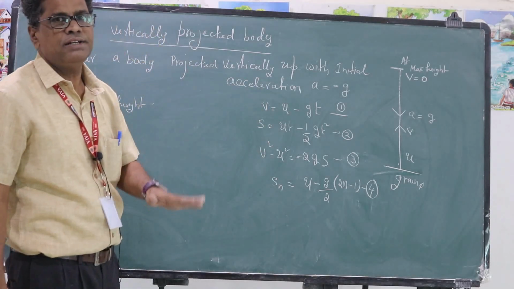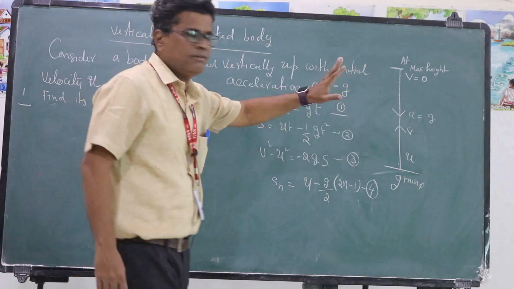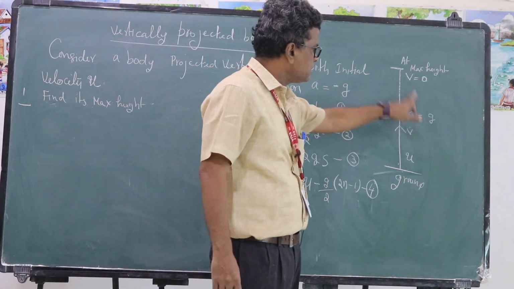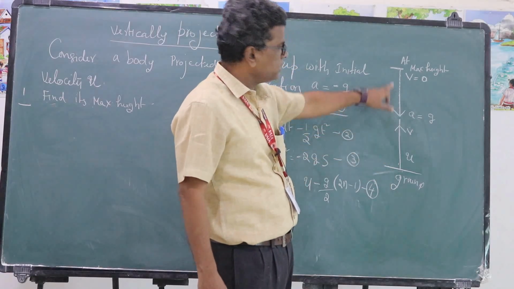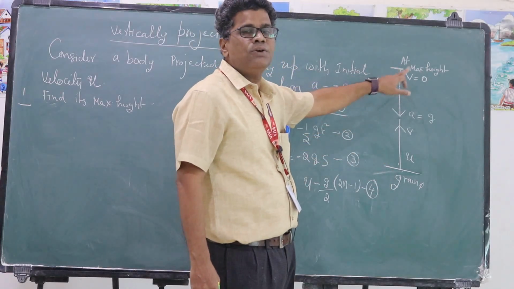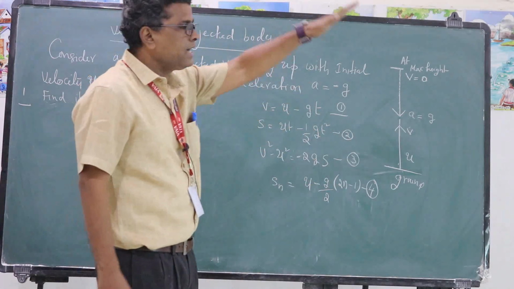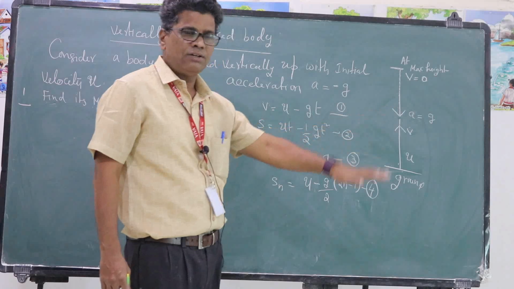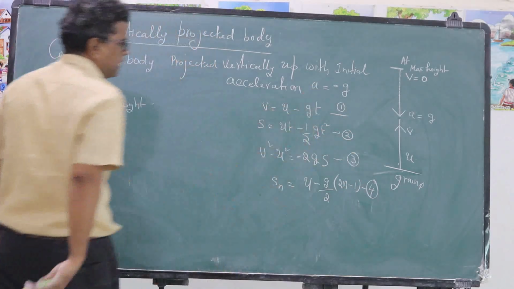What I did was simply replace acceleration with minus g, because acceleration is always vertically downwards. So when a body is vertically projected, it has uniform retardation. That means acceleration is vertically downwards. That's why we have to put a is equal to minus g.